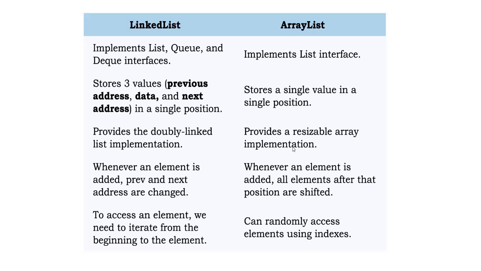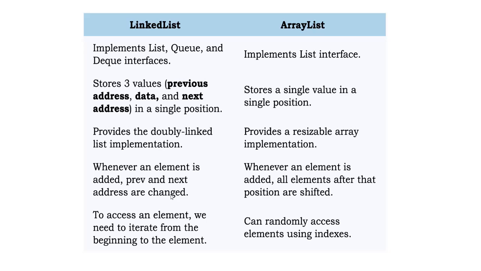Whenever we remove any element, it gets resized. Correct? Whenever an element is added, previous and next address are changed. Okay. So it has to delink whenever we remove any element. It will have to delink that particular address and link it to the next address. It has to get updated.